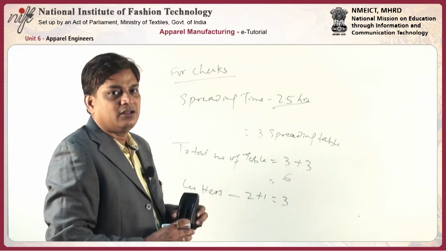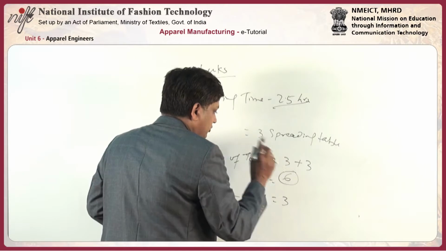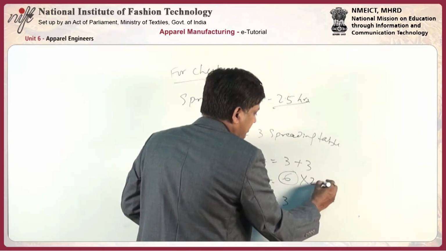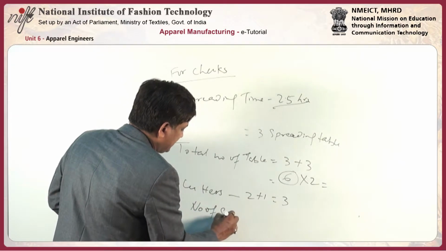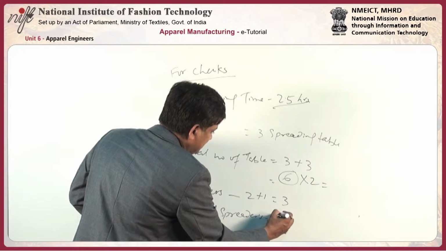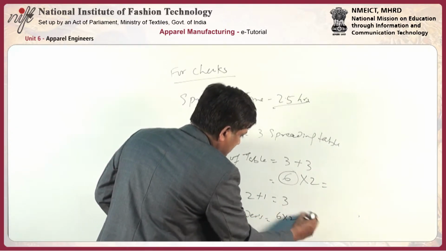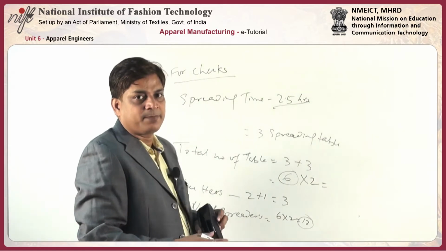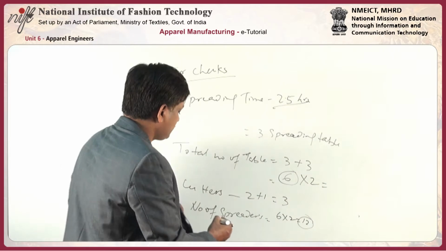Then we require spreaders. We have 6 tables, and if you take 2 spreaders on 1 table, the number of spreaders required is 6 into 2, which is 12. So 12 spreaders are required, and the number of straight knives required is 4.